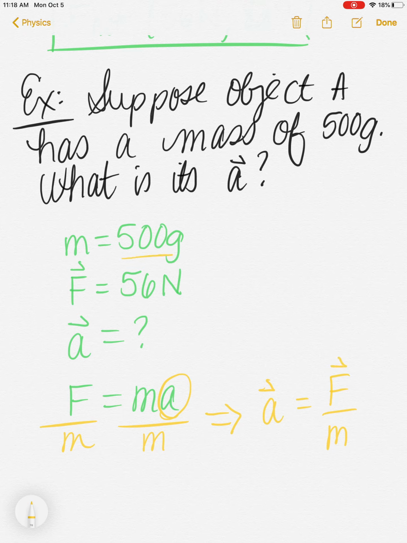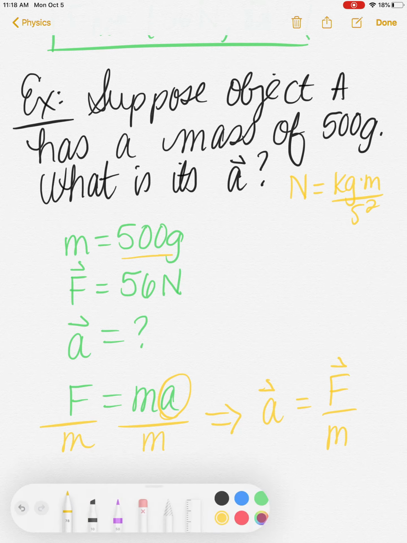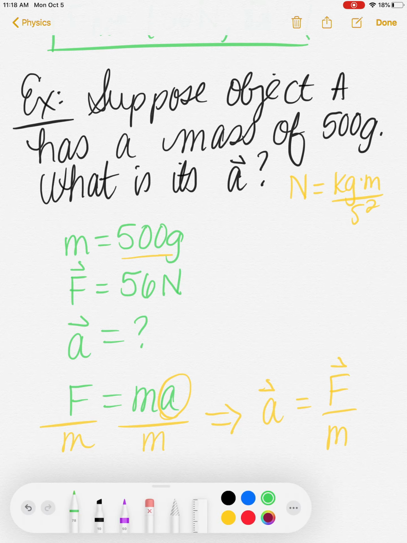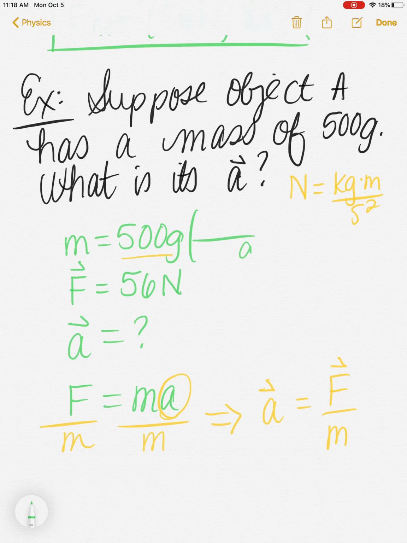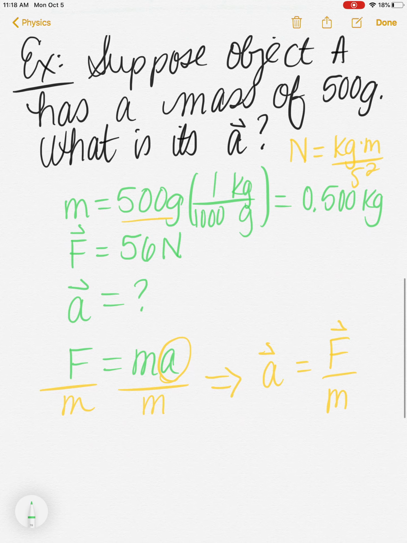Now, there is one issue though, because if you will remember, a Newton is defined as a kilogram meter per second squared, and they gave us a mass in grams. So we must convert from grams to kilograms. 1 kilogram is 1,000 grams, so that's going to mean 0.5 kilograms.